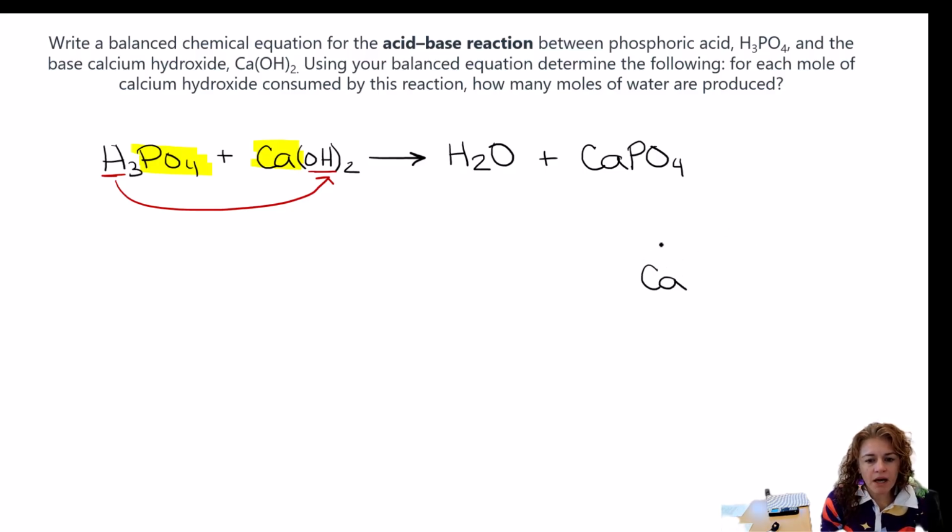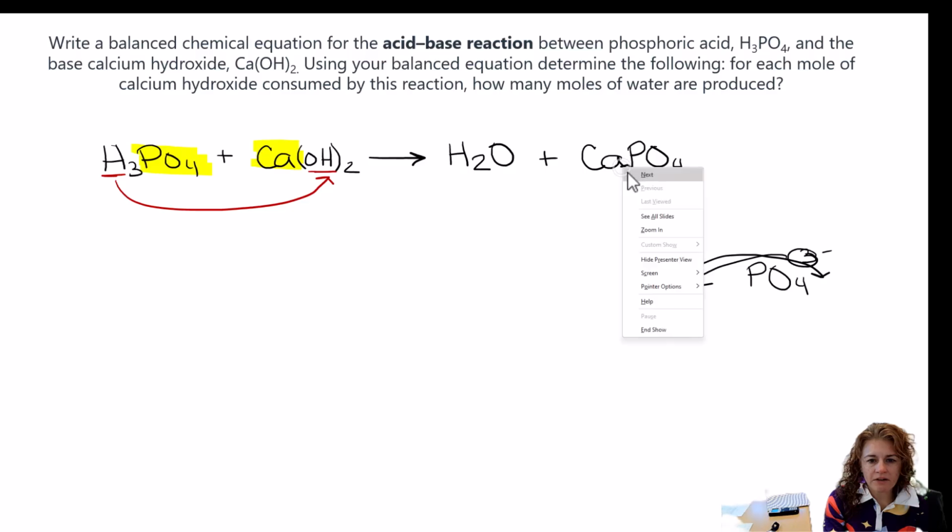So calcium, if we look at the periodic table, it's in the second group, which means it's going to lose 2 electrons. So it's going to have a 2+ charge. Phosphate is one of our polyatomic ions, and we know that it has a 3- charge. So flippity floppity here, 2 is going to be the subscript on phosphate, 3 is going to be the subscript on calcium, so flipping those to make sure that it's electrically neutral.